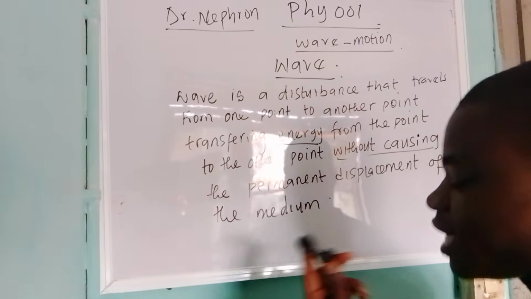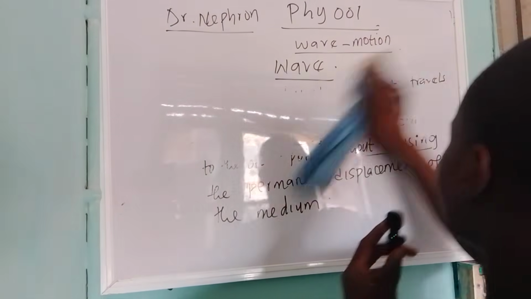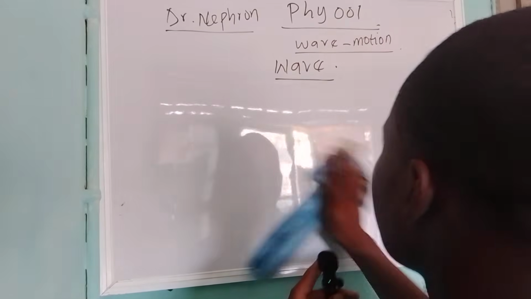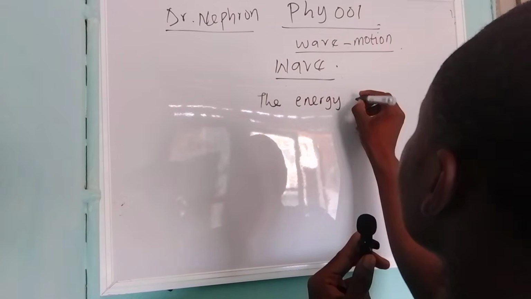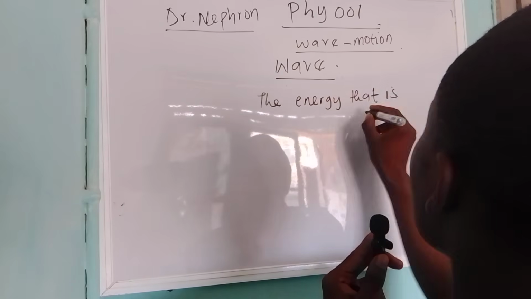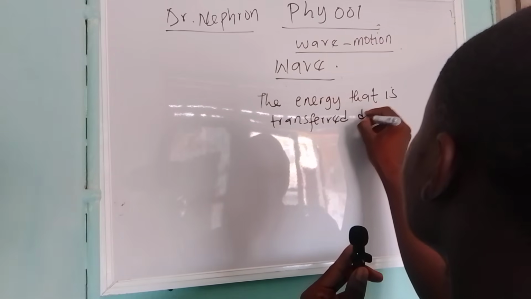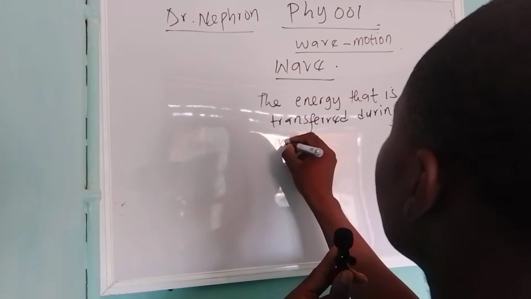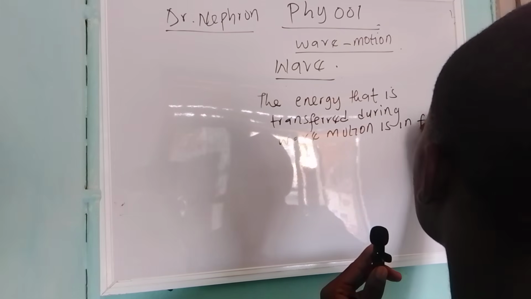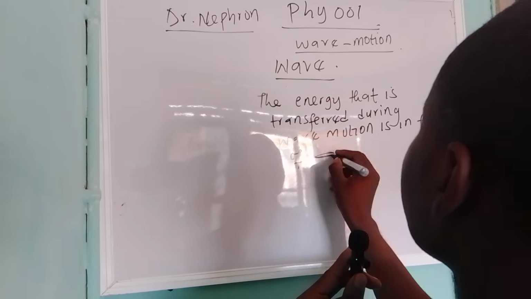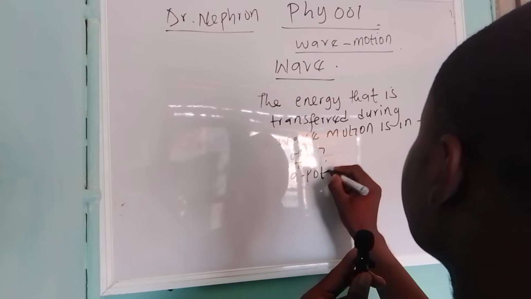Let's take this example. Jamb can ask you: the energy that is transferred during wave motion is in the form of dash. A, potential energy.